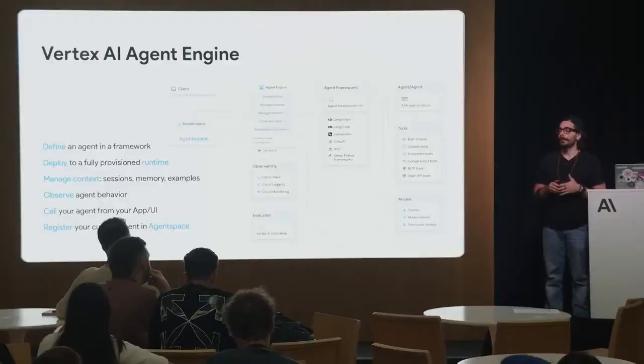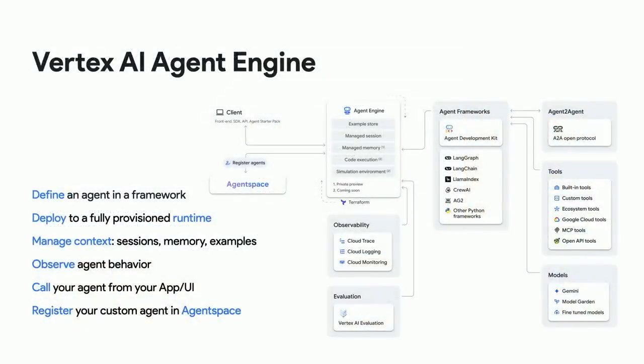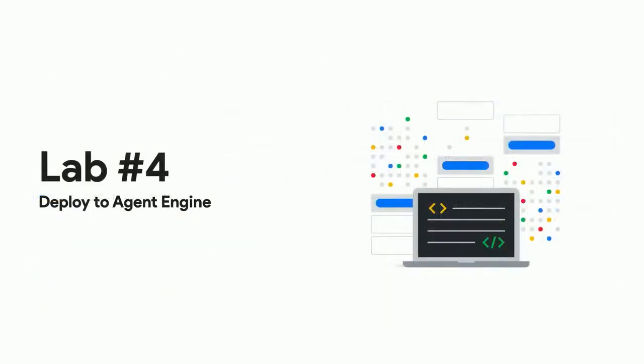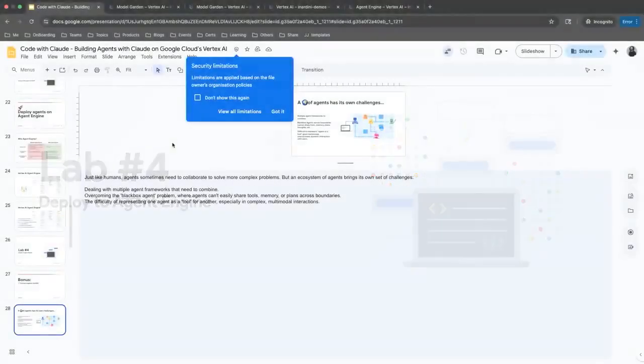The Agent Engine also has an integration with another service that we provide on Google Cloud, which is Agentspace, which I'm not going to cover today. But just to give you an idea, it's the gate that will allow your agent to go into the hands of business, so really have an impact with the agents that you are going to build in an enterprise context. But with that being said, let me jump into the last lab that we are going to cover today.